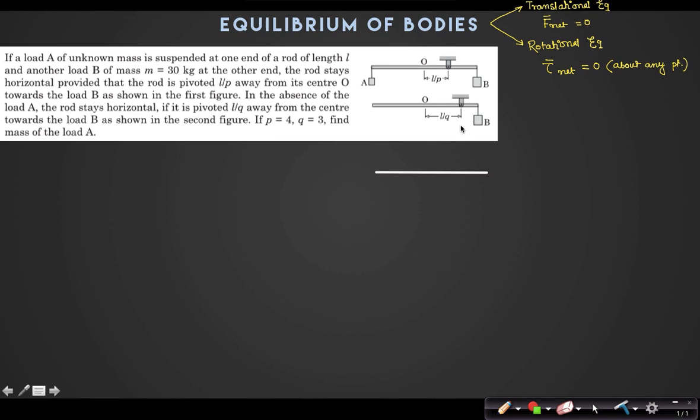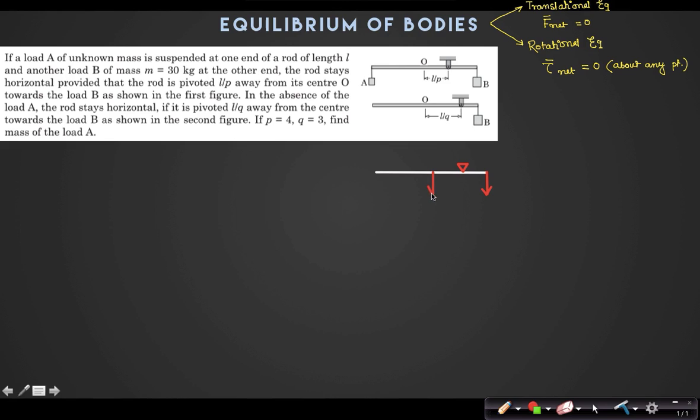Take the second diagram first. In the second diagram, the body is hinged here, and there is a weight at B. B is 30 kg, that is 300 Newton. And there is a weight of the rod itself. Weight of the rod will pass through the center of mass.